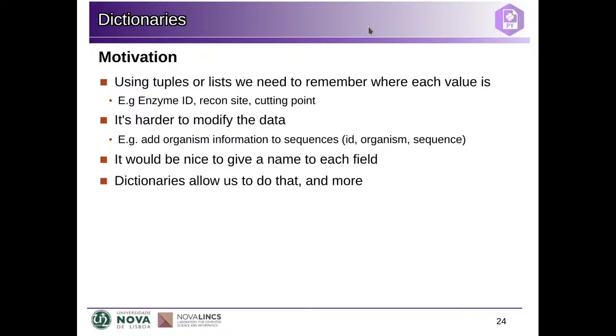First comes the identifier, then the recognition site, and so forth. This can lead to mistakes sometimes and it takes longer to search for specific items than if we organize the data with keys associated to values. So we can add names to different fields, we can organize things better. And dictionaries allow us to do that.